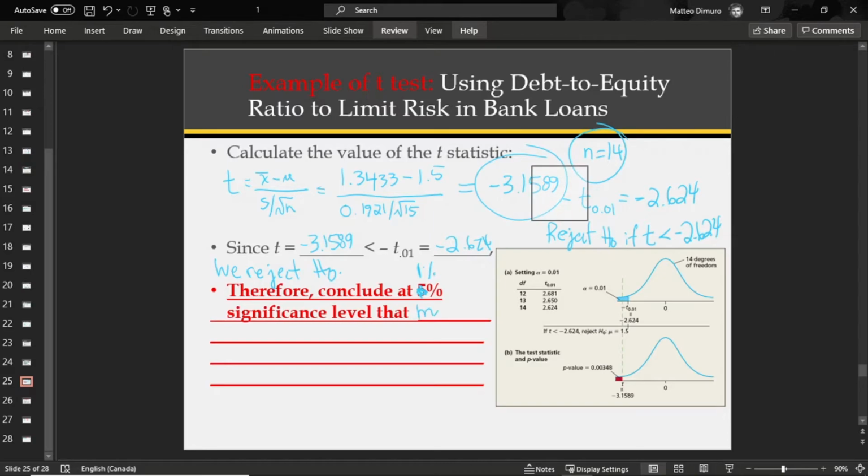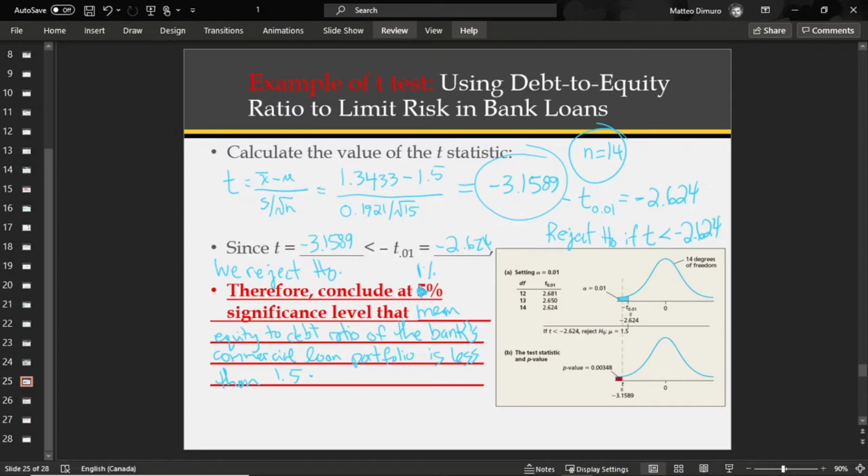It means that the mean equity to debt ratio of the bank's commercial loan portfolio is less than 1.5. There you go.